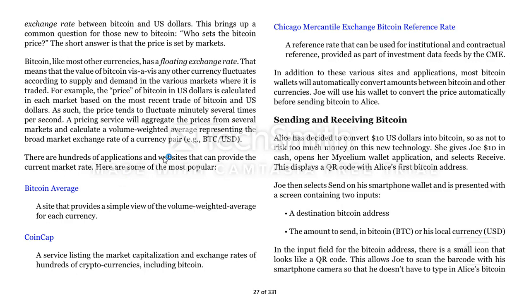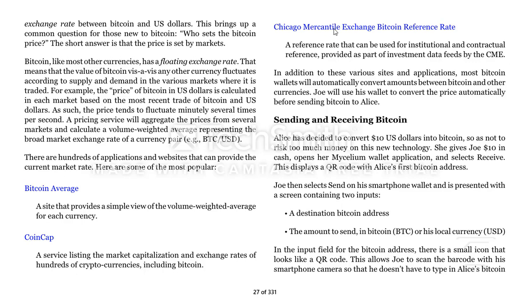There are hundreds of applications and websites that can provide the current market rate. Here are some of the most popular: Bitcoin Average, a site that provides a simple view of the volume-weighted average for each currency. CoinCap, a service listing the market capitalization and exchange rates of hundreds of cryptocurrencies, including Bitcoin.